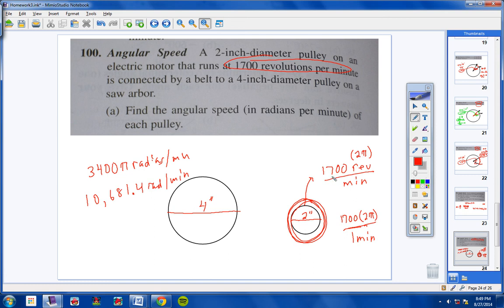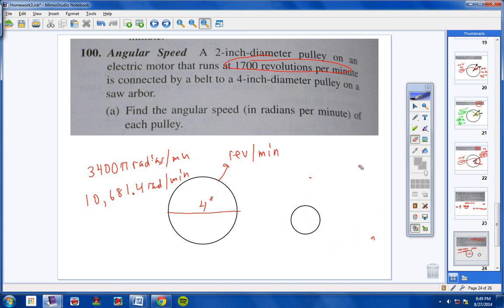So 1,700 times 2 pi, and we have our angular speed. Now next, they want us to find the angular speed of this pulley here. Now, you know what we're missing, students, for this pulley? I wish we knew the revolutions per minute. And I would love to be in class there with my students and see if some of you could figure this out, because it's really not super difficult if you just stop and think about it.